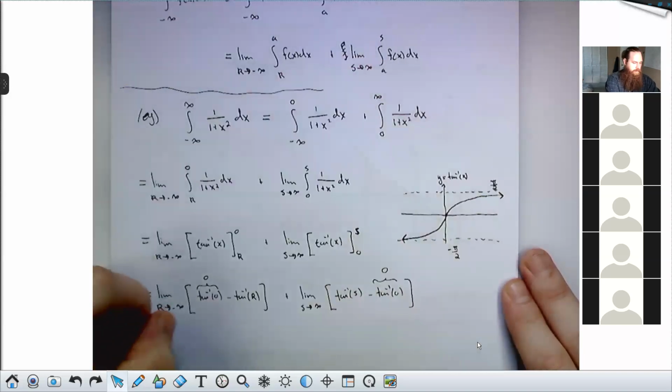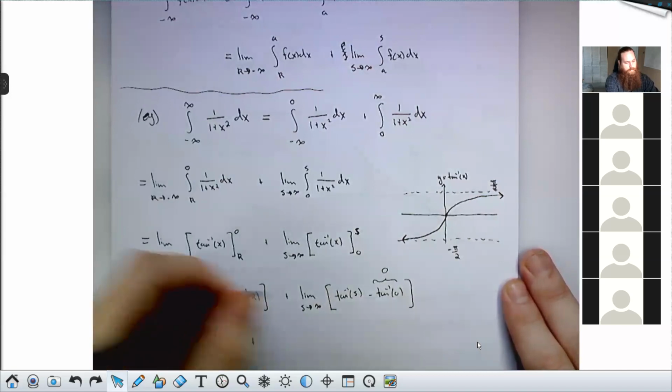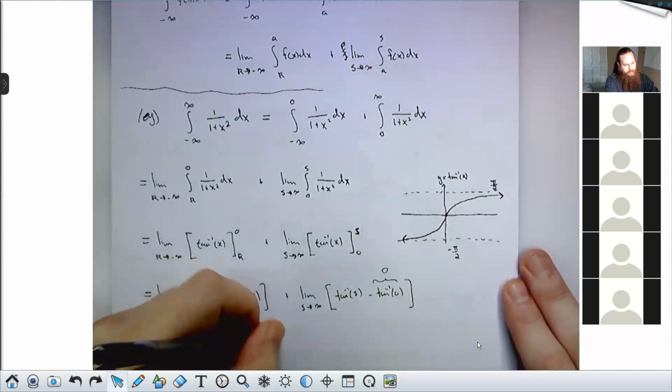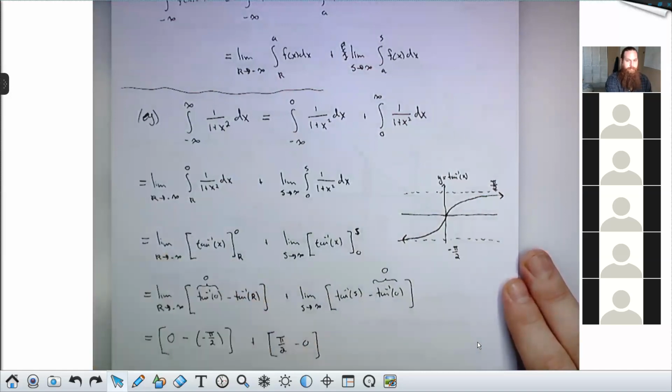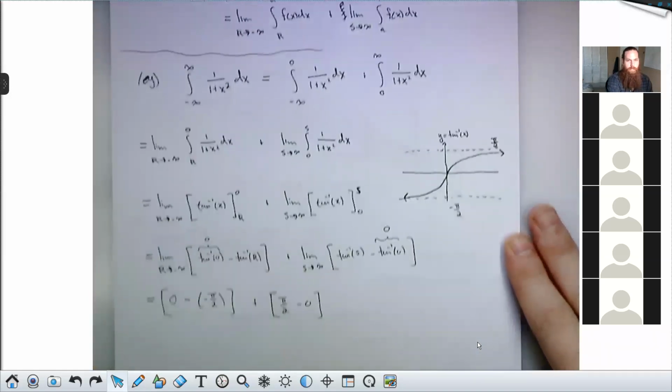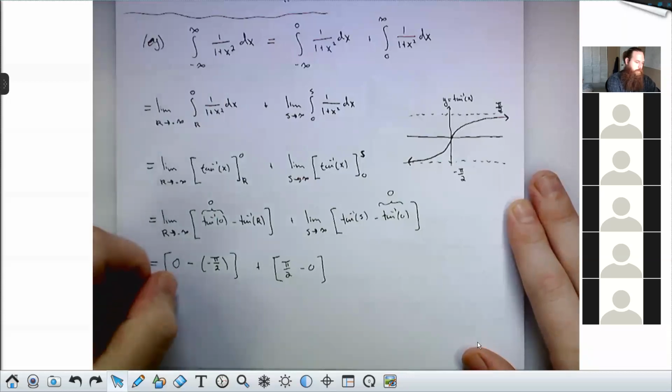So this first piece is 0 minus negative pi over 2. And the second piece is positive pi over 2 minus 0. So altogether, I end up with pi over 2 plus pi over 2, that's pi.